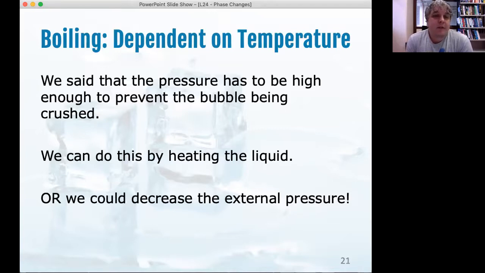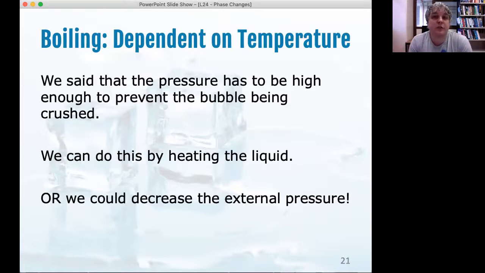We said that pressure has to be high enough to prevent the bubble being crushed. Right? The pressure inside the gas, inside the bubble, has to be high enough that the bubble doesn't get crushed and can therefore escape the liquid. We can do this by heating the liquid so that the gas bubble starts with a higher temperature and a higher pressure, or we could decrease the external pressure.